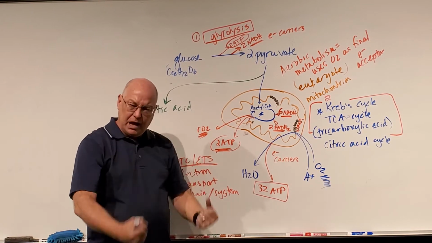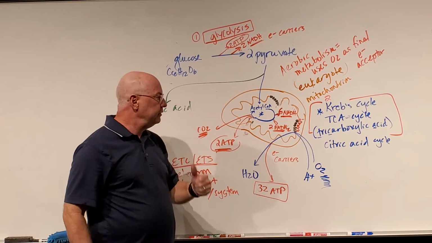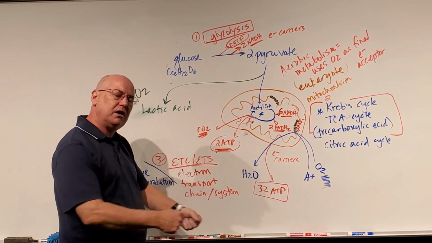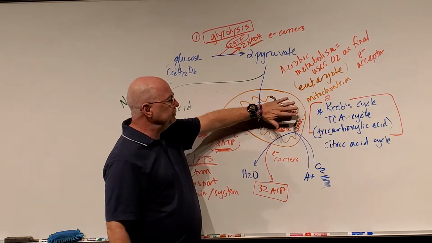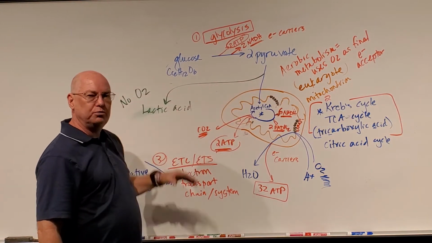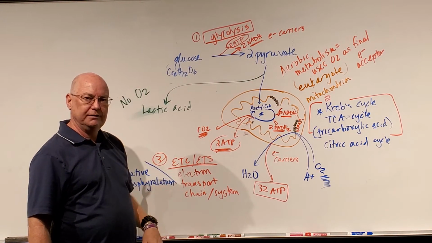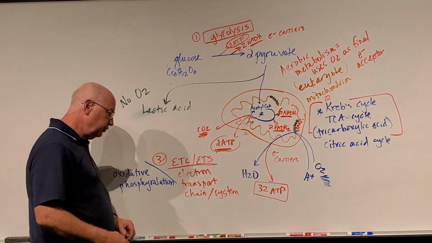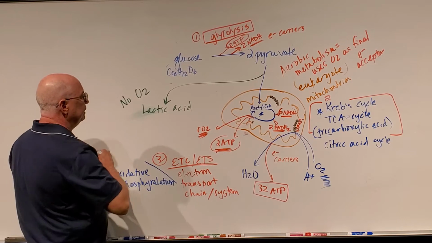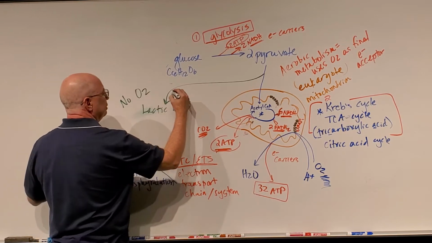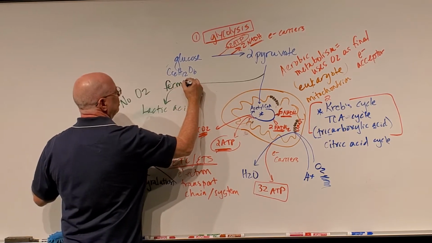So when you're working out or running harder and faster than your heart can pump the oxygen to your cells, then your body will start to slowly build up lactic acid, and your muscles will be sore later on in the next day. So we call this process of converting pyruvate into lactic acid without oxygen fermentation.